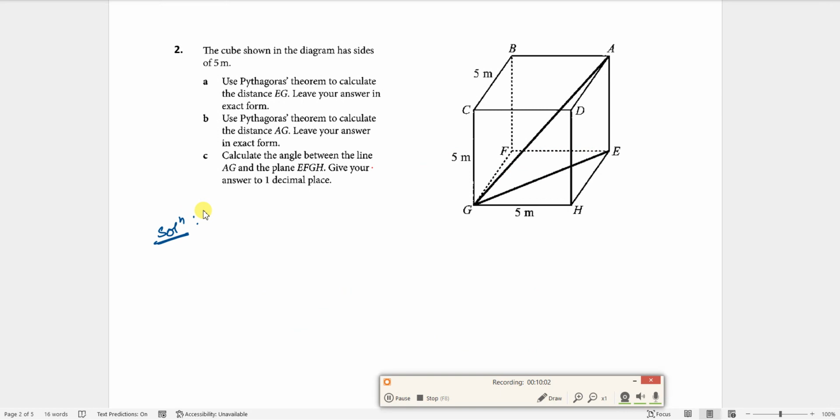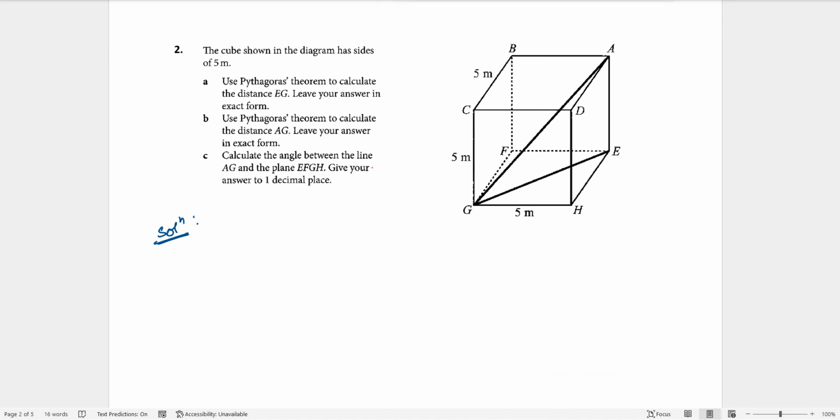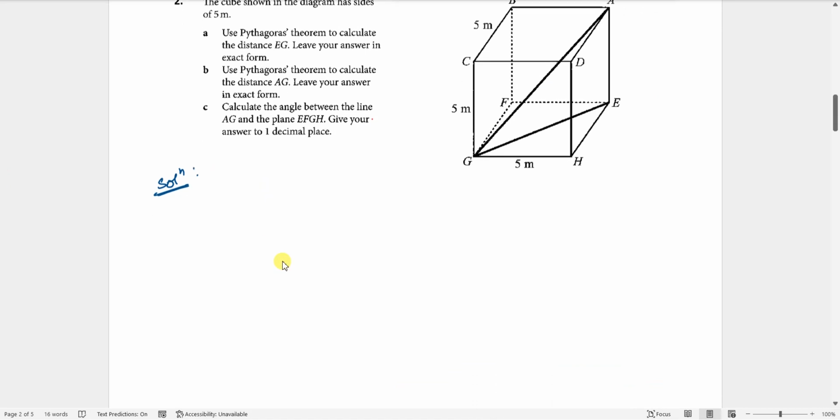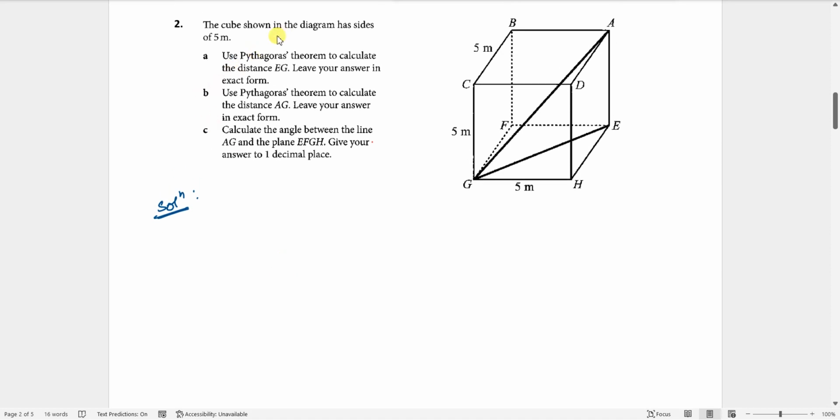Okay, so question 2 looks pretty difficult. The diagram is very confusing, but it's the easiest, I can tell. Okay, the cube shown in the diagram has sides of 5 meter. Since they said it's a cube, all the sides are 5 meter. 5, 5, 5, and 5.